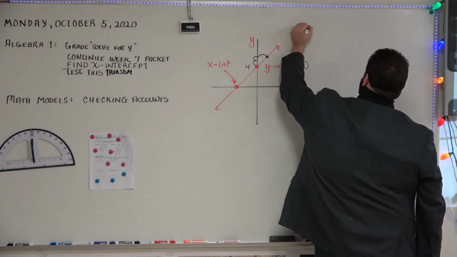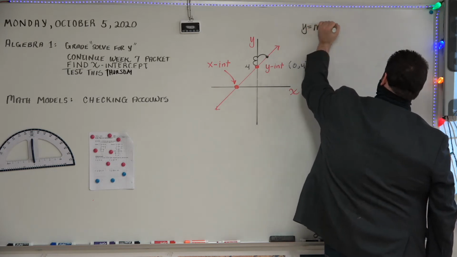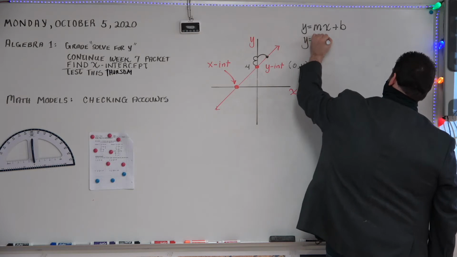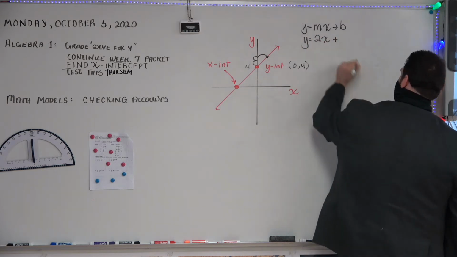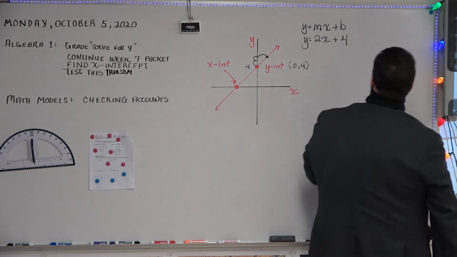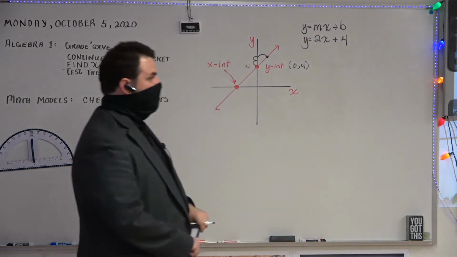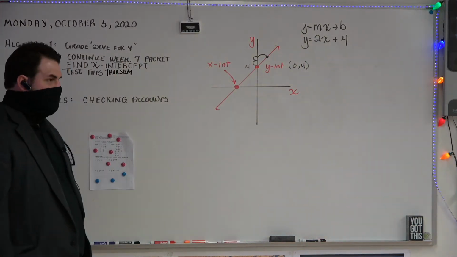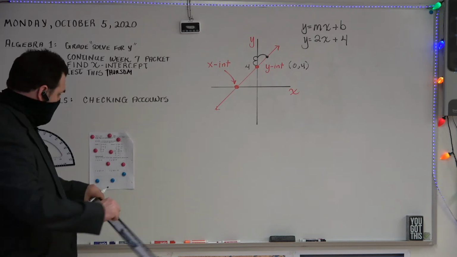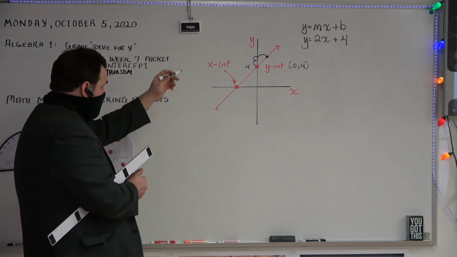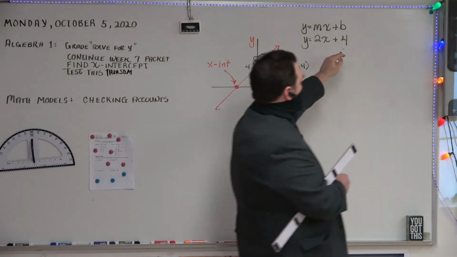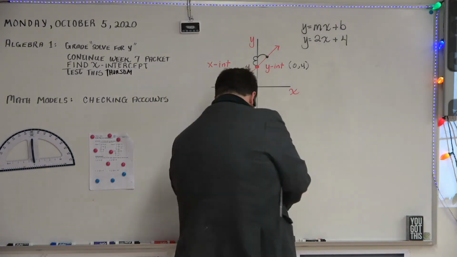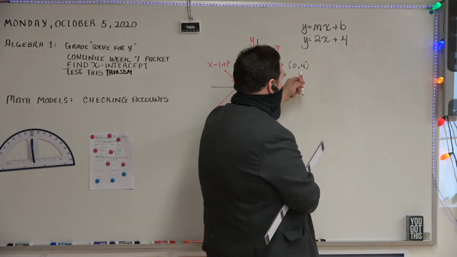In the form y = mx + b, my slope is 2x plus y-intercept is 4. What's the y-intercept? 4. You knew that because in this form of the equation, the y-intercept is this number here. But today you're going to learn why it's 4.